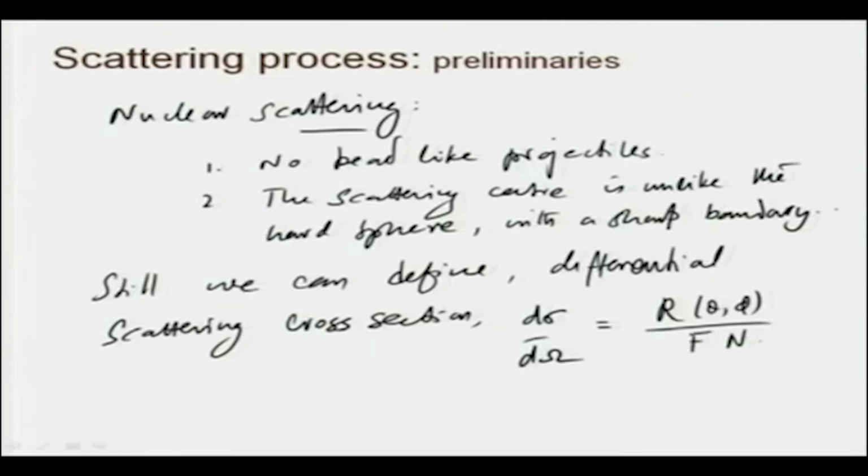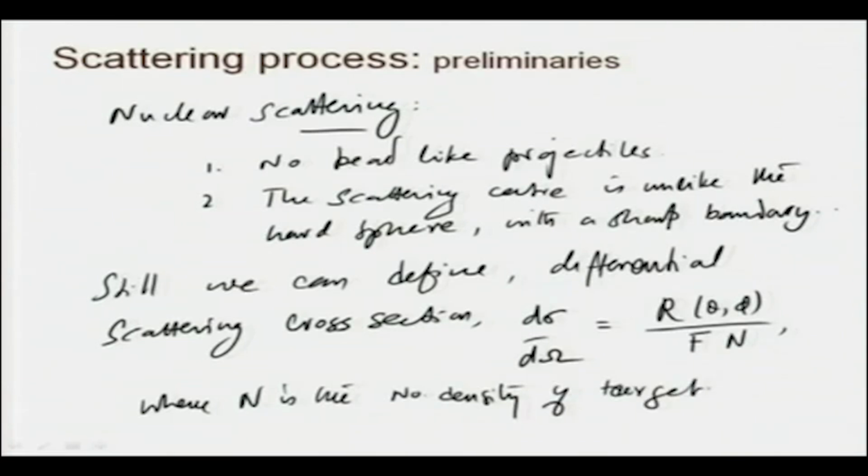number density, where n is the number density of target, and F is the flux, R is what we have just now defined, and that will give you d sigma over d omega. n can be computed.